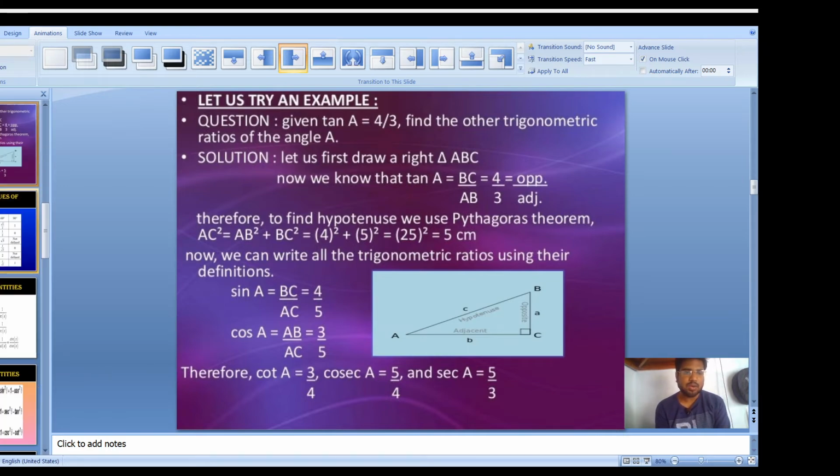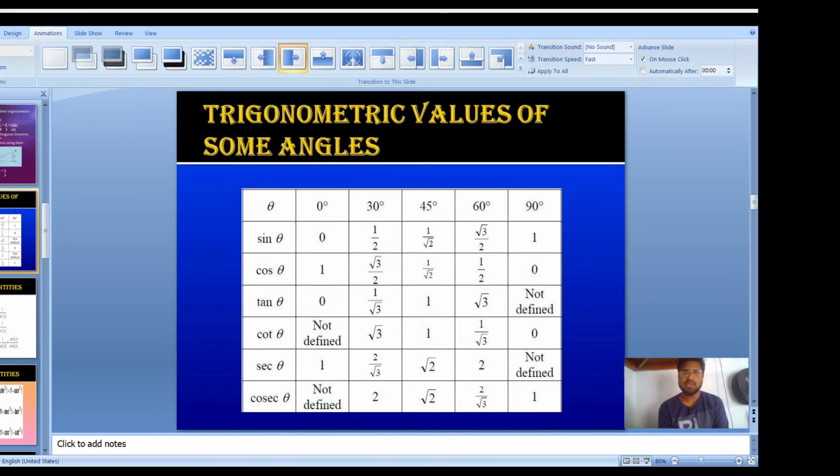Okay, and respectively you can find the rest of the values. Now comes the trigonometric values of some angles. There are 5 angles: 0 degree, 30 degree, 45 degree, 60 degree and 90 degree. You need to remember only 3 values: sin theta, cos theta, tan theta at these different angles.